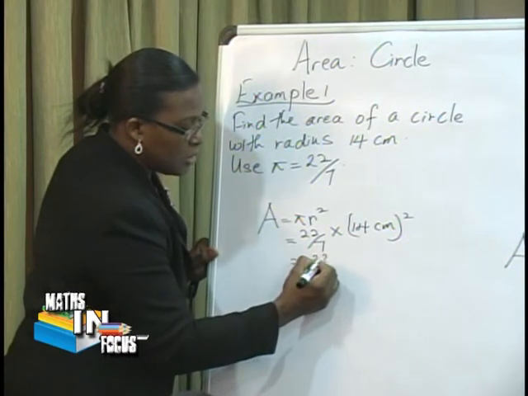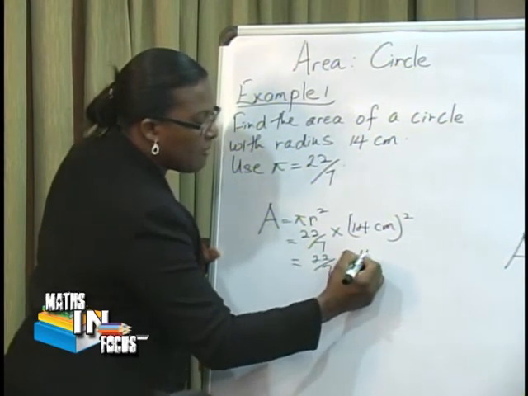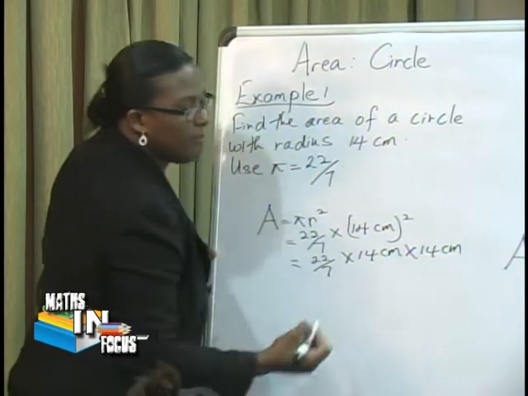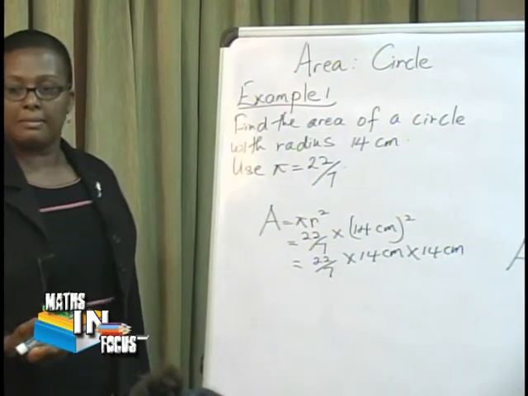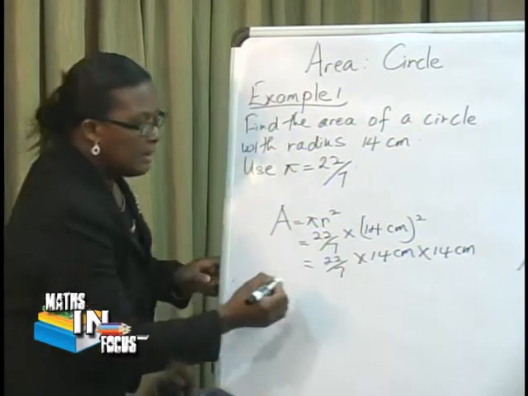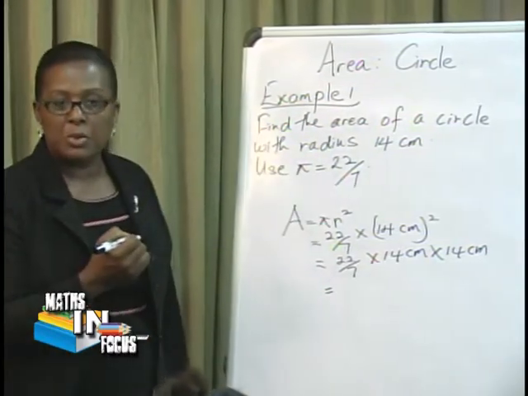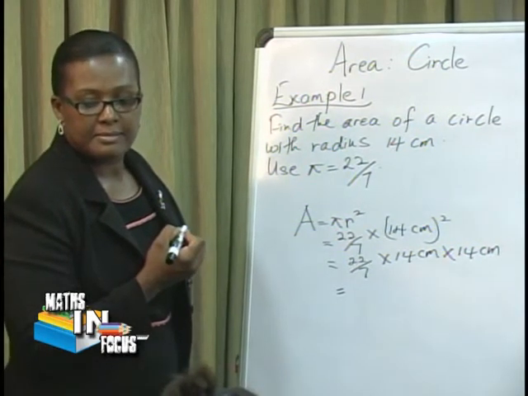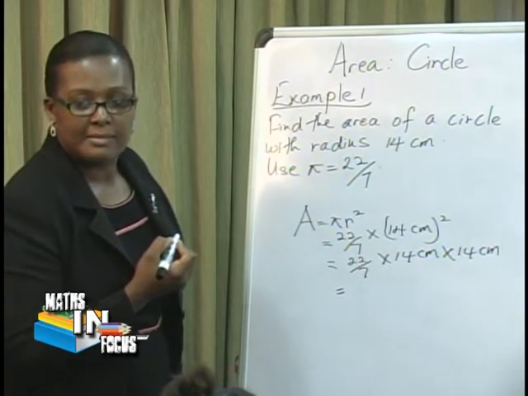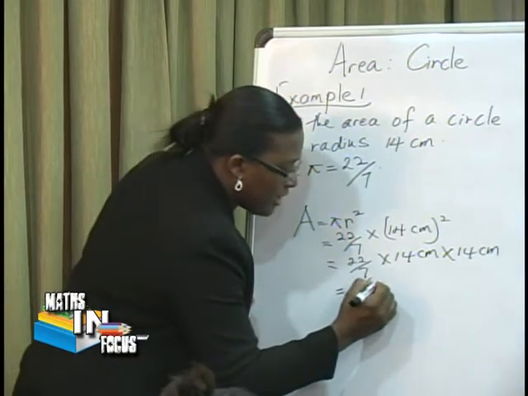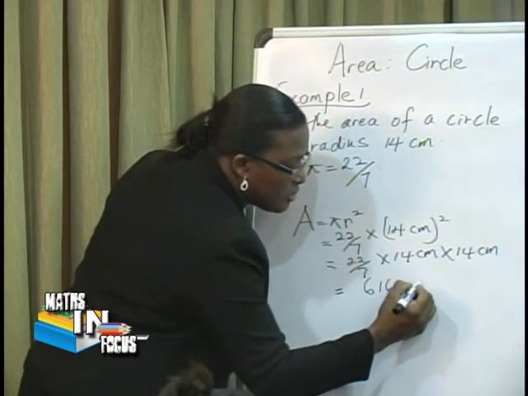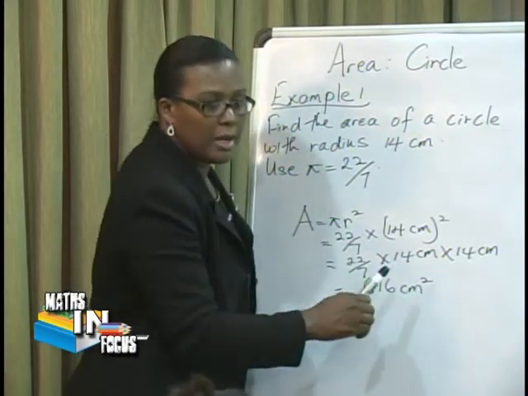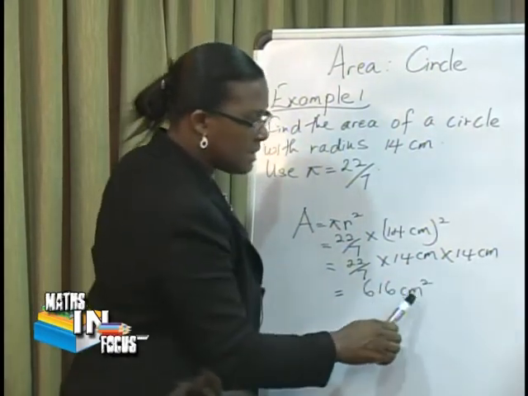So we'd have 22/7 multiplied by 14 cm multiplied by 14 cm. And when we work this out, what do we have as our answer? 616. 616 cm squared. Remember, we're looking at area, so our answer would be in cm squared. Cm by cm gives us cm squared.